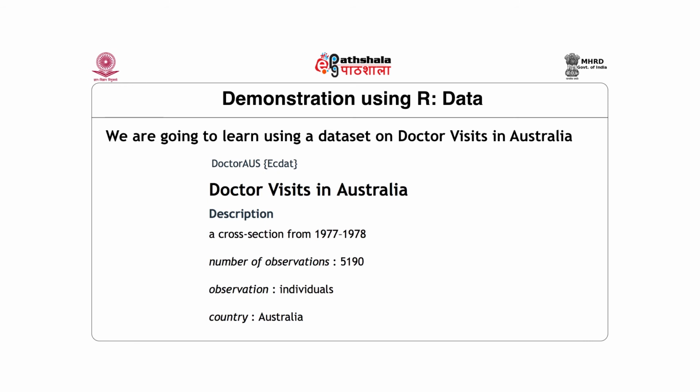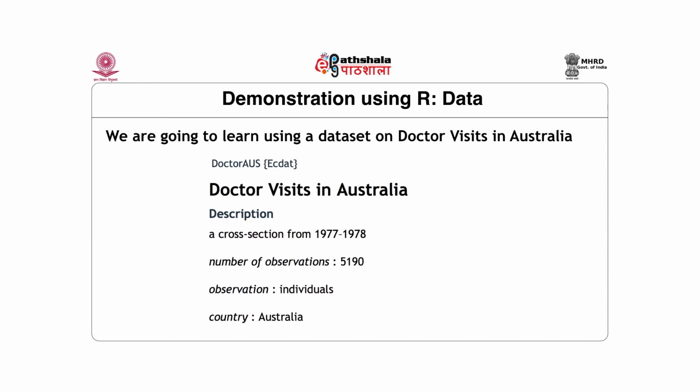Within that ECDAT package, there is a data set called Dr. AUS. Basically, this is a study on doctor visits in Australia in the years 1977 to 1978. They had about 5,000 observations on individuals, based on Australian studies.